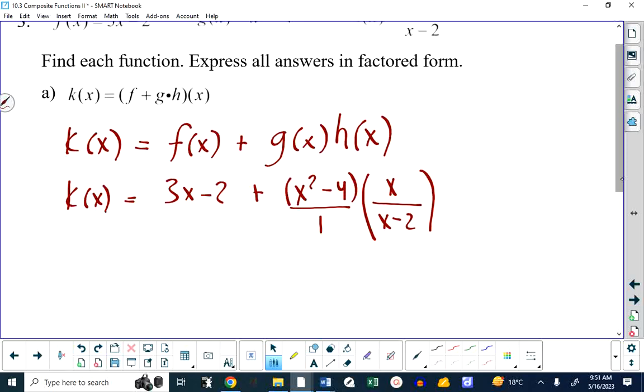Yes, it's true we multiply across the top and multiply across the bottom when we're dealing with multiplying fractions. But we want to simplify the fraction. And to simplify a rational expression, you factor and cancel. So multiplying that across the top is going in the wrong direction. We need to factor things completely.